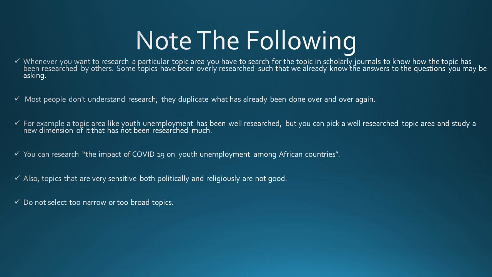They duplicate what has already been done over and over again. For example, a topic area like youth employment has been well researched, but you can pick a well researched topic area and study a new dimension of it that has not been researched much. That is to say, you can research the impact of COVID-19 on youth employment among African countries.